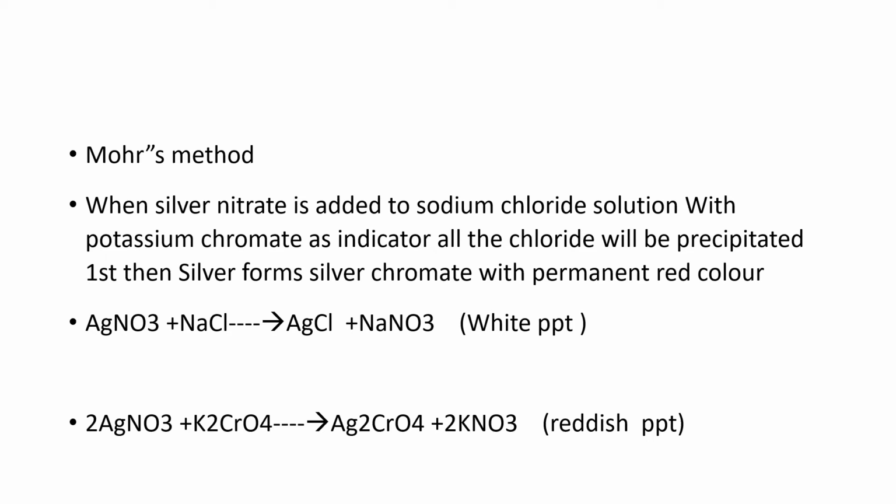You can see here in the equation, silver nitrate is treated with sodium chloride, and you get silver chloride and sodium nitrate, a white precipitate. After that, silver nitrate reacts with potassium chromate, giving silver chromate, which is a reddish precipitate. So you find a permanent red color in this case.